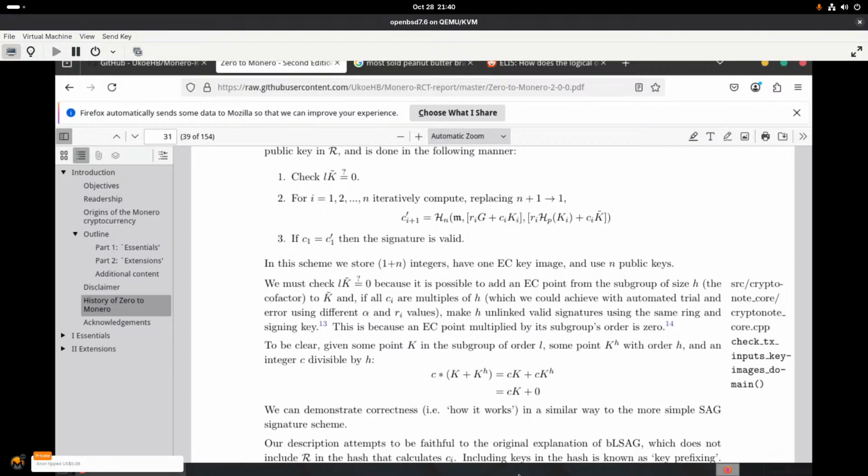This is because an elliptic curve point multiplied by its subgroup order is 0. To be clear, given some point K in the subgroup of order l, some point of K with order h and integer c divisible by h.